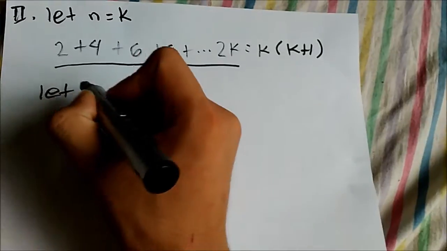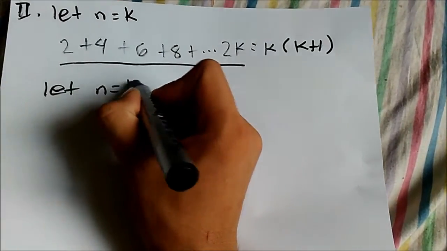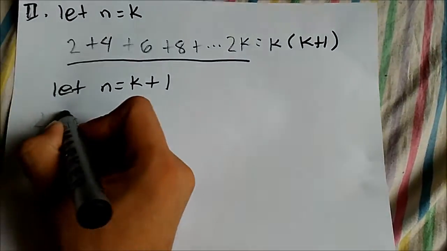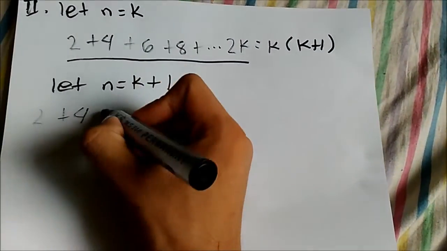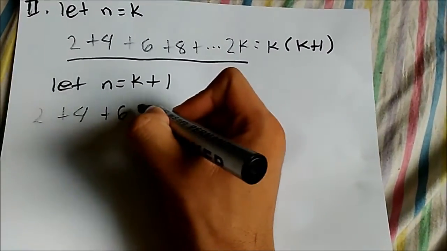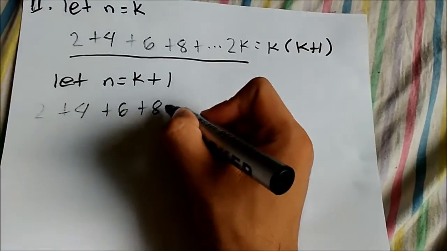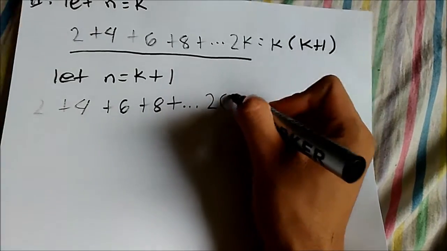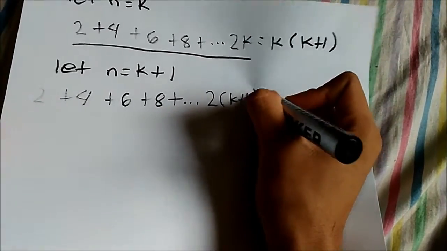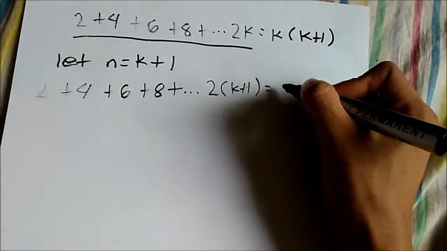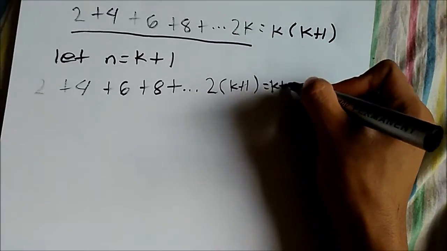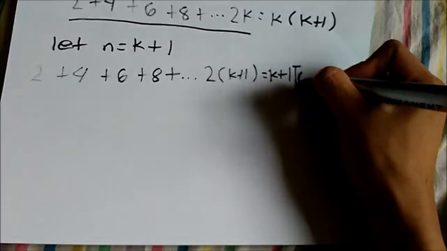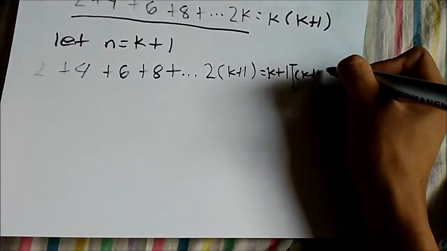So next, let n is equal to k plus 1. So 2 plus 4 plus 6 plus 8 plus 2 times k plus 1 is equal to k plus 1 times k plus 1 plus 1.